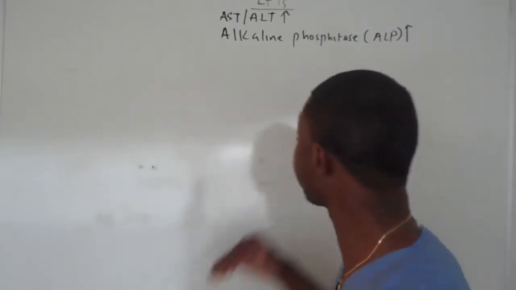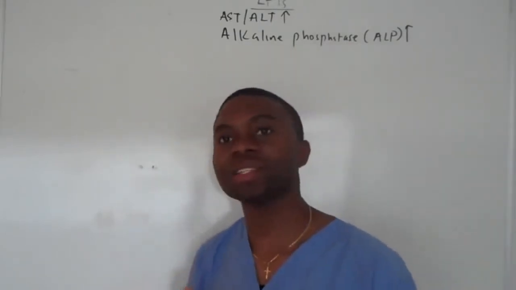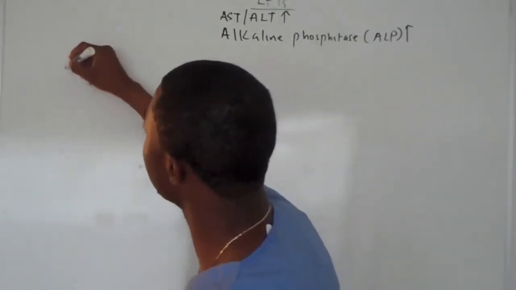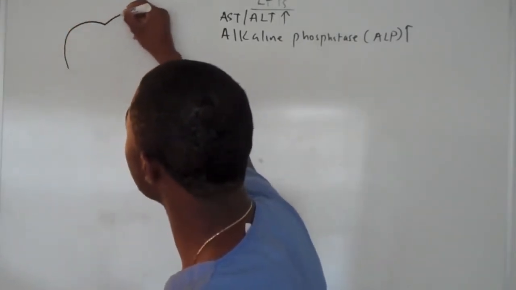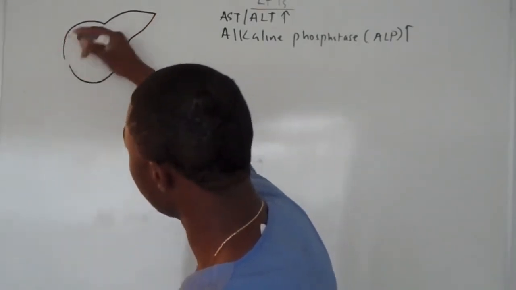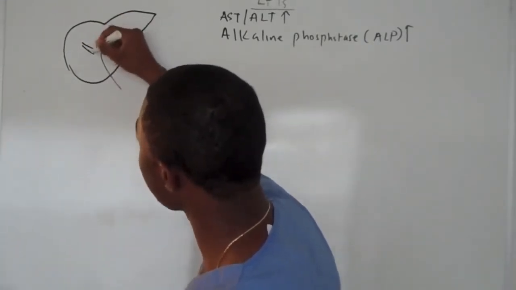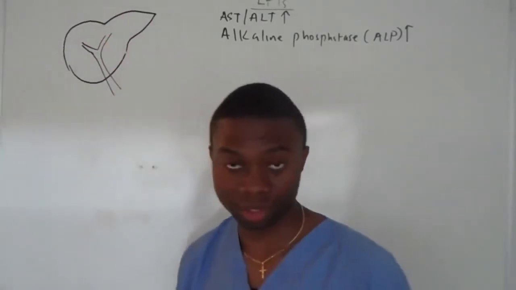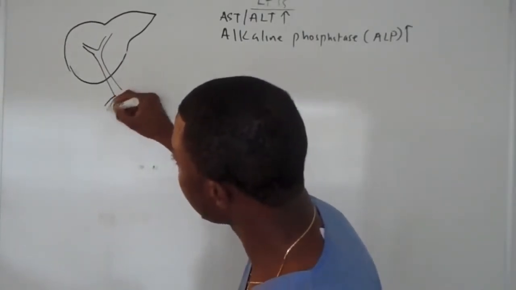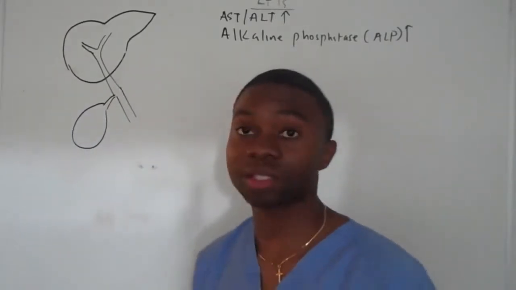Typically, when alkaline phosphatase is high, what that is telling you is that it's coming from the biliary tree. Remember I was telling you guys about the liver in our last lecture, that the liver has the intrahepatic biliary tree, the bile ducts, which come out and send off a little branch from the gallbladder, forming the cystic bile duct.